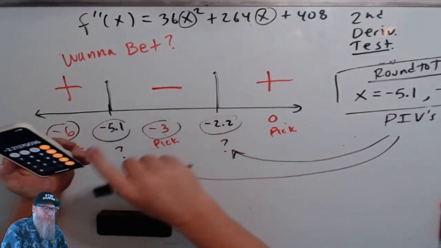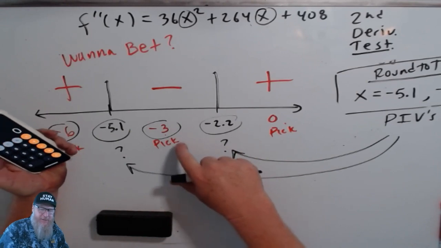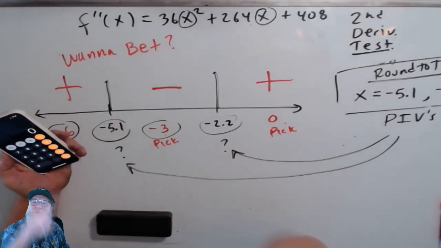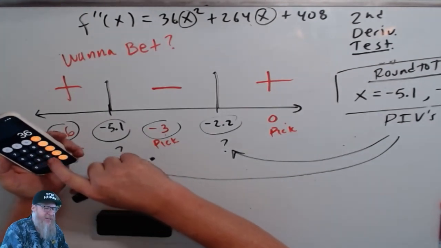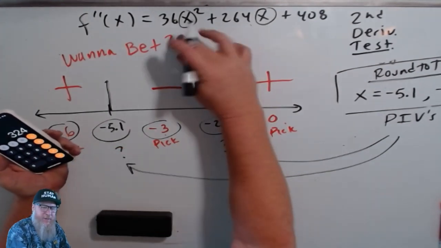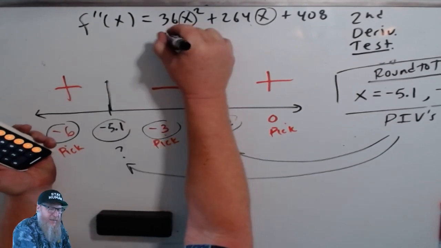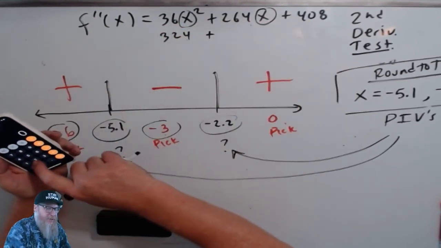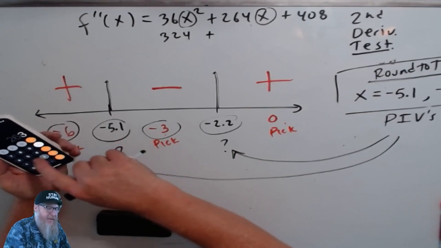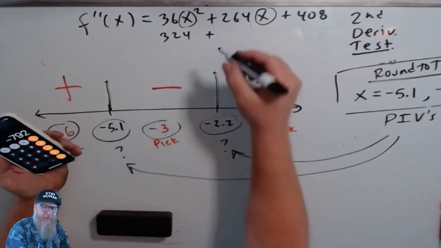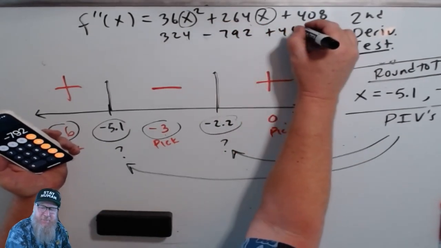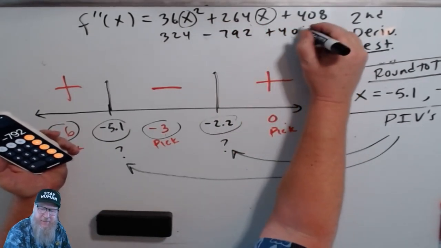All you care about is whether it's plus or minus. So let's do negative 3. Negative 3 squared is 9. You might as well just do that in your head. And then 36 times 9 is 324. And then you've got 264 times negative 3, which is negative 792, plus 408.